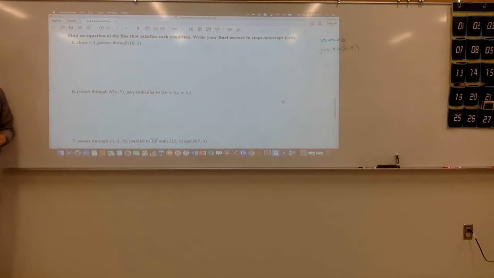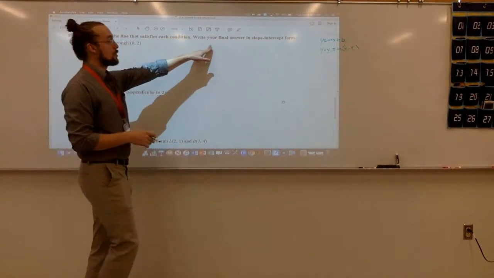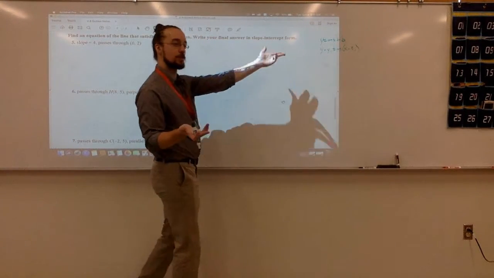I mean, technically we could use either one, but if we're given the slope and a point, it probably makes sense to use point-slope form. So the directions here say write your final answer in slope-intercept form.